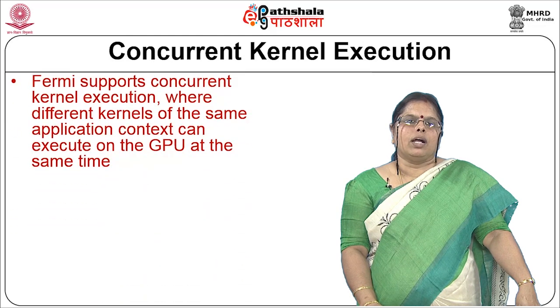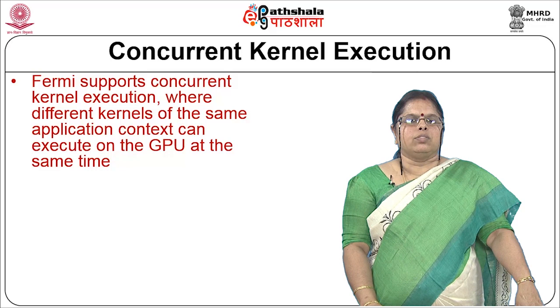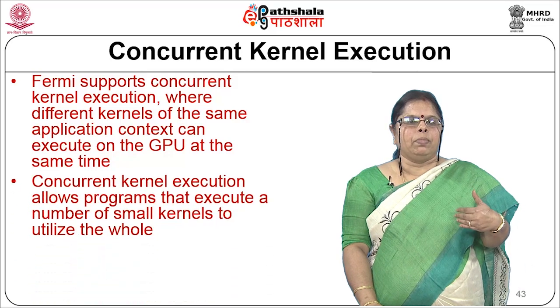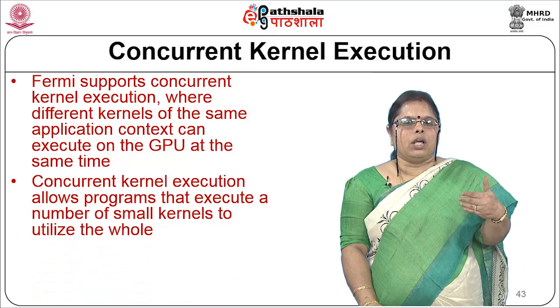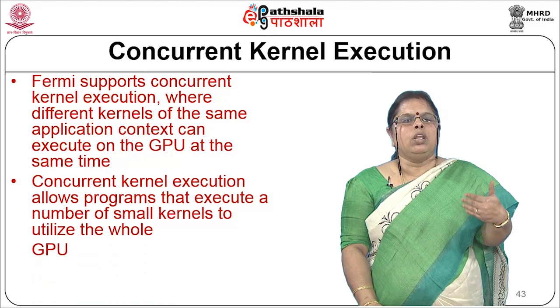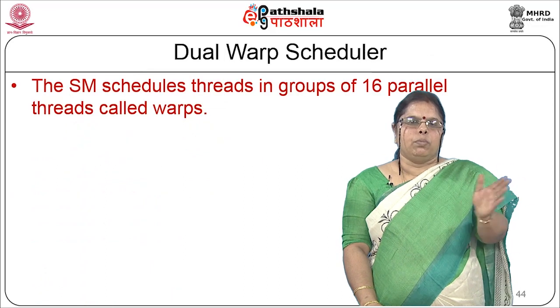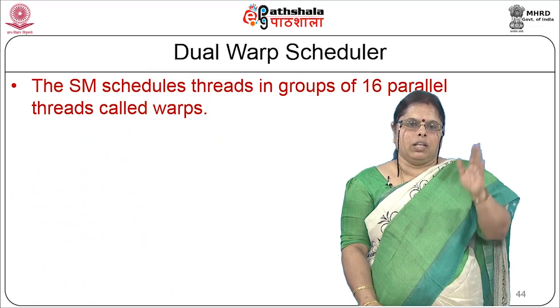And when you look at concurrent kernel execution, Fermi supports concurrent kernel execution where different kernels of the same application context can execute on the GPU at the same time. Concurrent kernel execution allows programs that execute a number of small kernels to utilize the whole GPU. And you also have a dual warp scheduler because you have dual lanes.